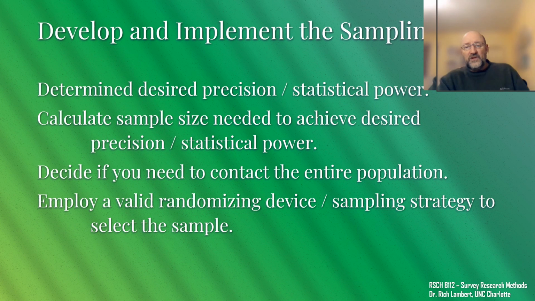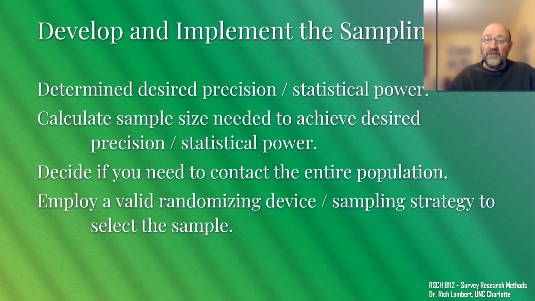Okay, so we talked about getting ready to do sample size calculations by creating a sort of picture of some of the key pieces of information you need for those calculations. But then you have to do them. You have to calculate the sample size needed to achieve a desired precision, meaning like margin of error, plus or minus 5%, plus or minus 4%, whatever it might be, or a specific desired statistical power.